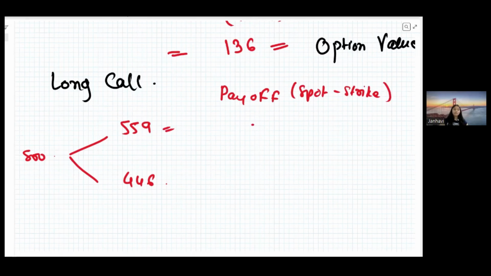Spot here is 559 minus the strike price, that is 650. So 559 minus 650 will give us negative 91, that is 0. Or even if we do 500 minus 650, it will give us minus 150, which is 0 payoff, correct?